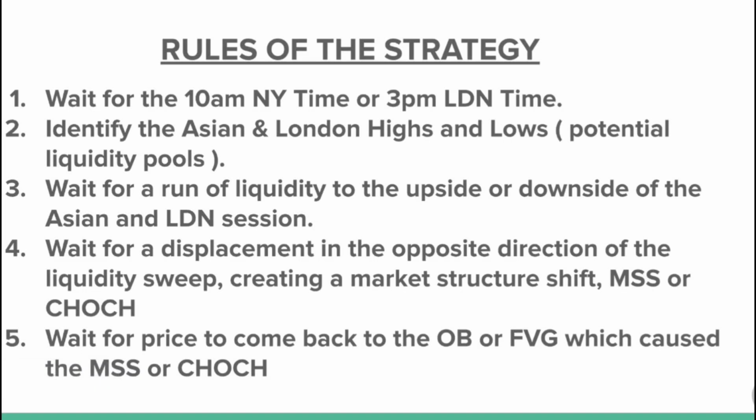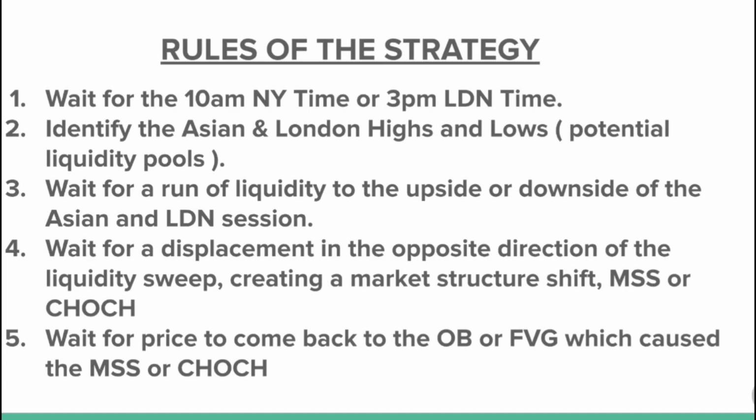The first rule of the strategy is you wait for the time I just told you about, 10 a.m. Eastern time, or 10 a.m. New York time. When that time comes, you identify the Asian low and Asian high. The combination of the Asian high and low and the London highs and lows are potential areas of liquidity.